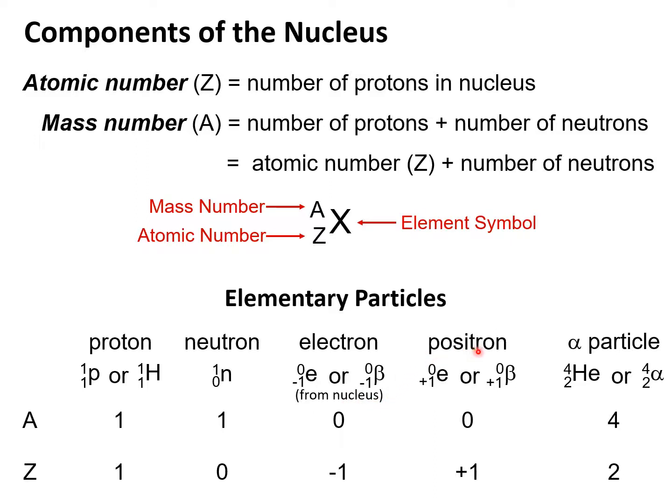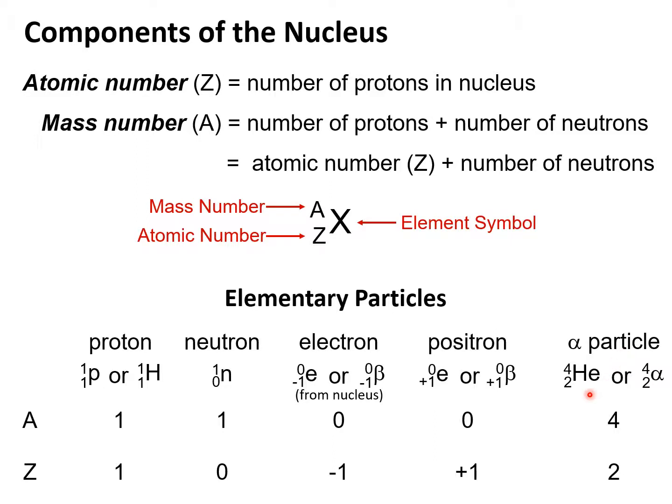The next elementary particle we'll look at is the positron, which we can think of as a positively charged electron. A positron is given the symbol e, or the Greek letter beta, and has a mass number of 0. However, since it's positively charged, it has an atomic number of +1. Finally, we have the alpha particle, which we can think of as the nucleus of a helium atom.